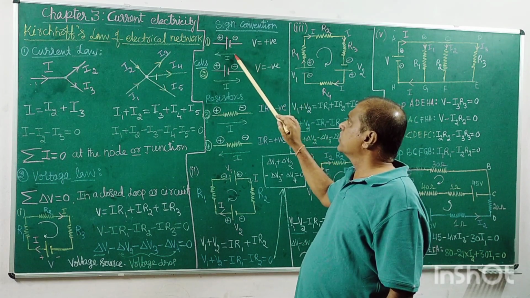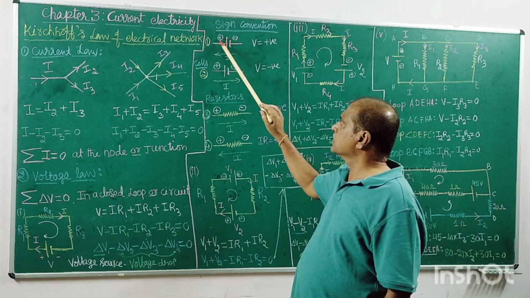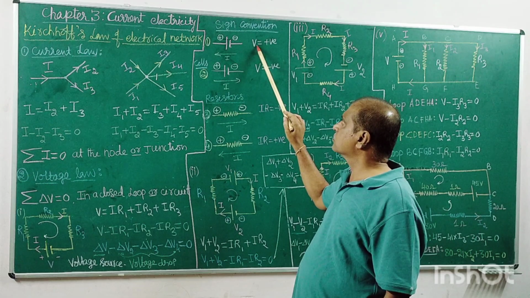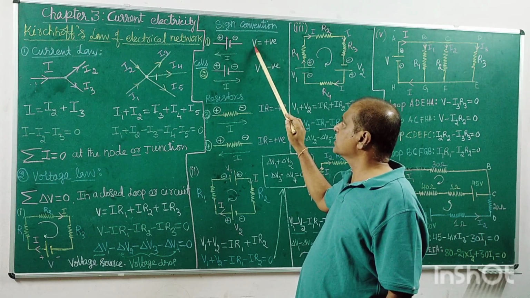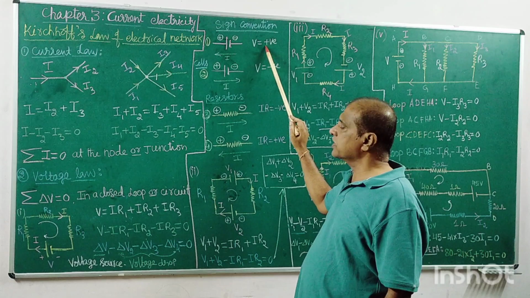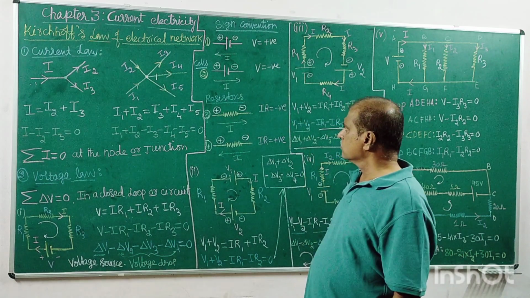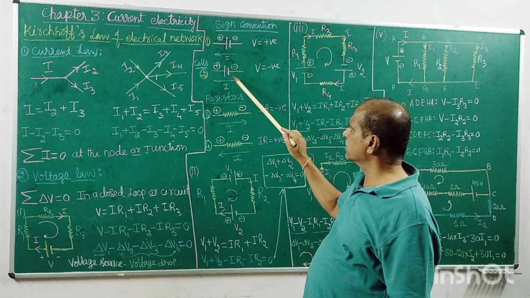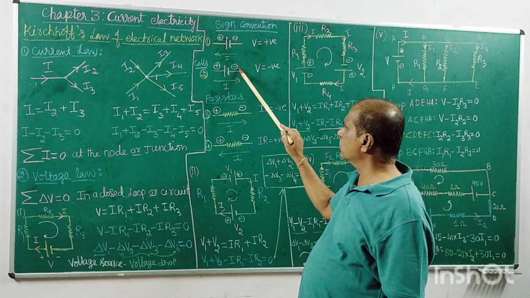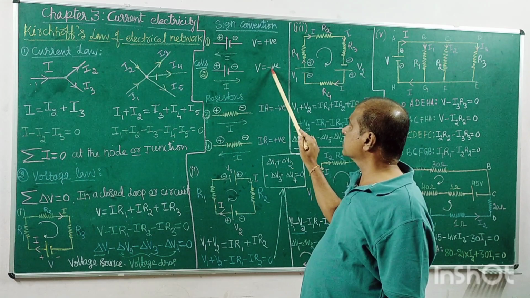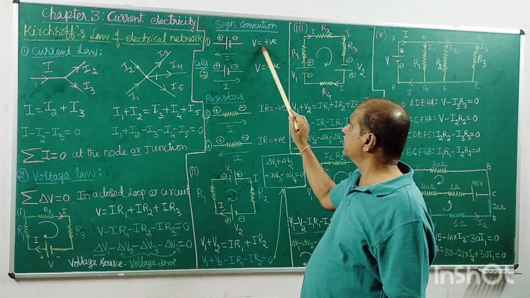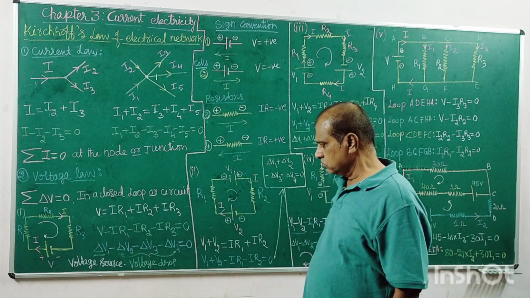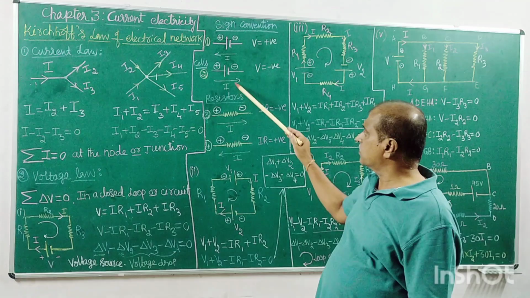If the electric current flows in this direction, from negative to positive through the cell, the voltage or EMF, the potential change, will be taken as positive. For the same cell, if the current flows in the opposite direction, from positive to negative, the sign will be minus. It depends on the direction of the current. That is for the cell.